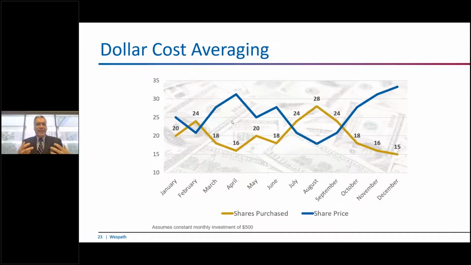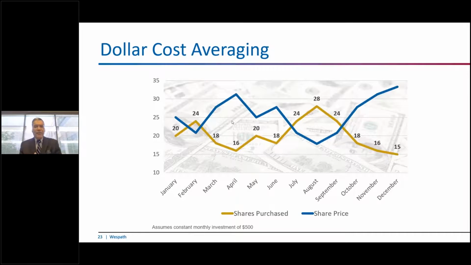But in these plans, because you're investing money from every paycheck deduction, you're going to be buying in at all different share prices, sometimes higher and sometimes lower. And we are obviously in a year where we've seen quite a bit of market volatility. This dollar cost averaging is an important concept.